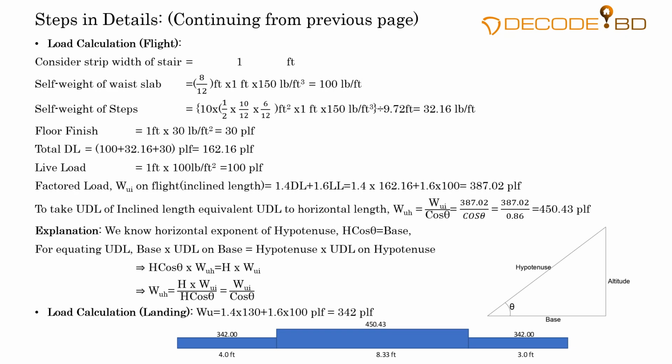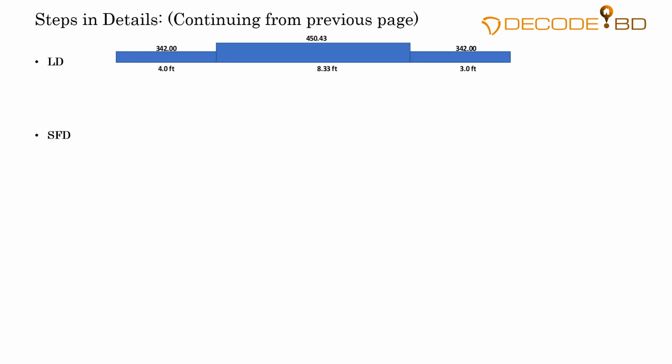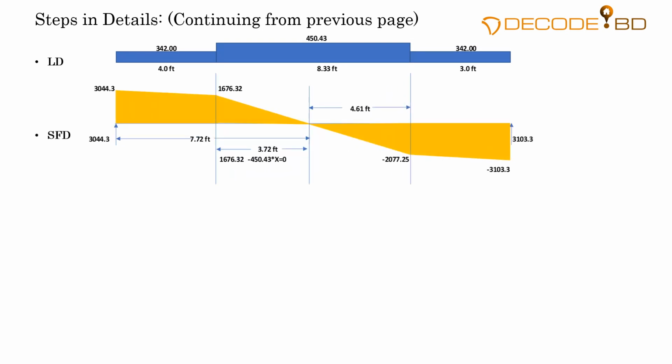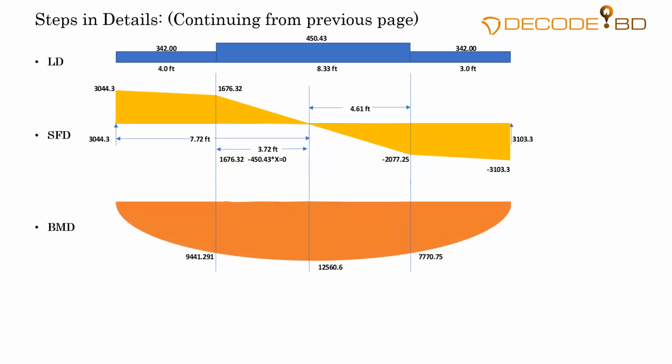Here we can see 450.43 pound per linear feet as UDL along 8.33 feet. Loading diagram LD, this one, SFD coming this one, and BMD coming this one. So from here we can use shear force and moment.